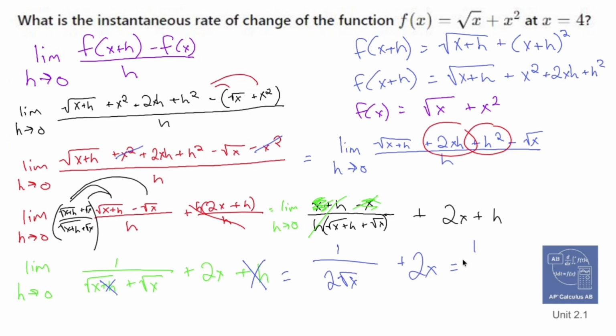So that's 1 over 2 root 4 plus 2 times 4. Okay, in the limited space that I have, 1 over 2 root 4 is 1 over 2 times 2, which is 1/4, plus 2 times 4 is 8. So when all is said and done, we get 8 1/4.